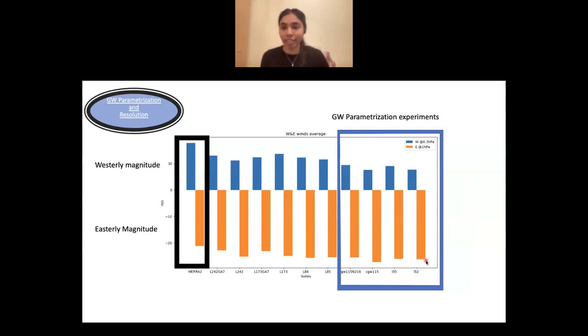They still show high magnitudes compared to MERRA2. So this suggests that the gravity wave parameterization experiments, at least the ones I have done, are not helping to improve the SAO. I will be focusing on many more experiments based on gravity wave drag in the future, but none of these seem to help the SAO.